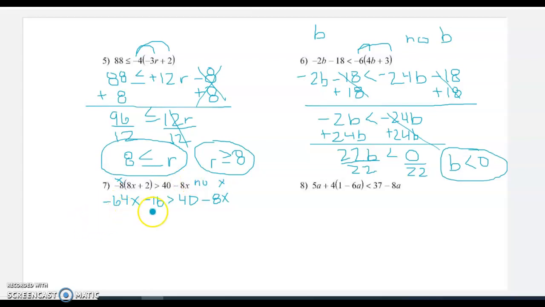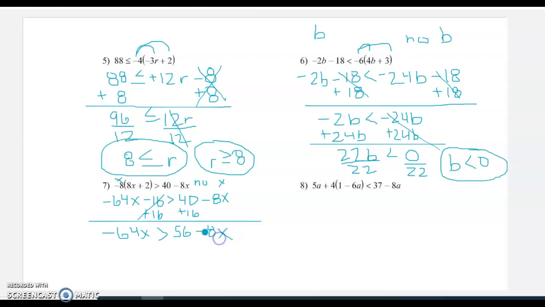On the left, you have to have an x. Negative 16 does not, so I'm going to add 16. On the right, I would add 16 to 40 because those are like terms. They are both constants. They don't have the x. So we've got negative 64x greater than 40 plus 16 is 56 minus 8x.